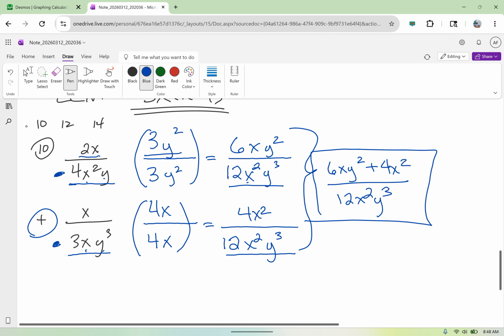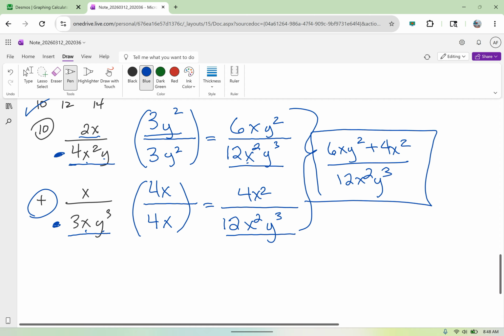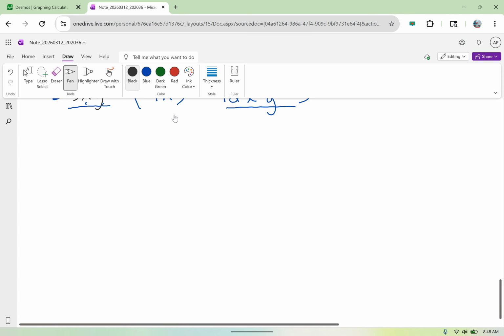All right, 10 is done. We're now going to do number 12. All right, here we're subtracting fractions. Again, I'm going to stack it vertically.